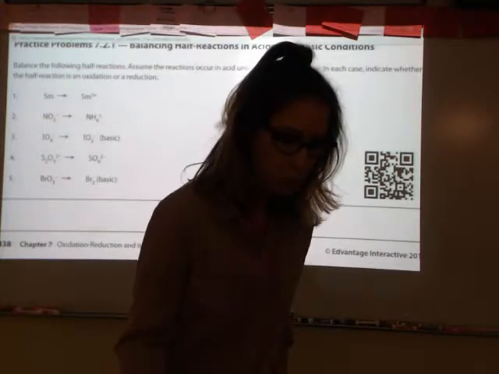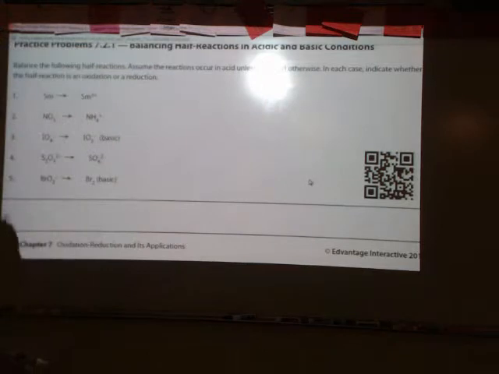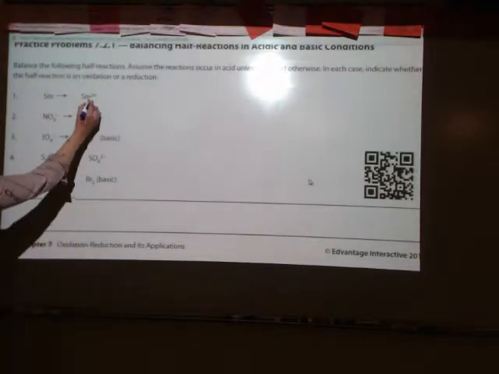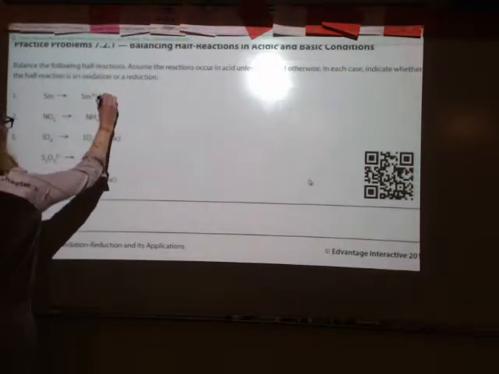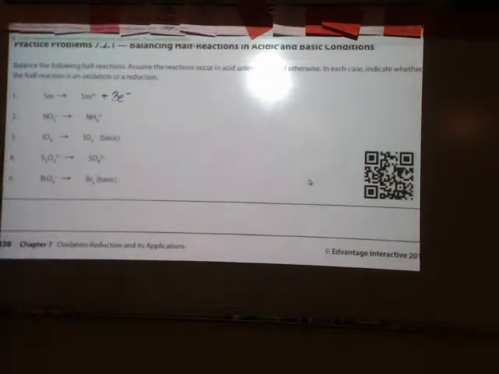No. Step 4, balance the charge by adding electrons. Which side do I add the electrons to? The more positive side, which would be the right side, because I have a +3 here and this is neutral, just 0. So you would add 3 electrons and we're balanced. We're done, because I brought this side down to 0 to match the other side.